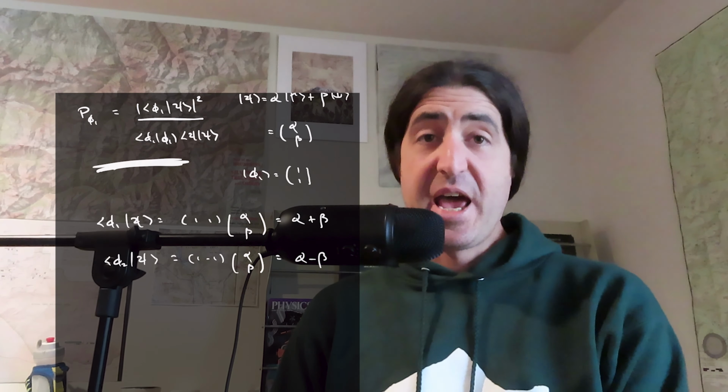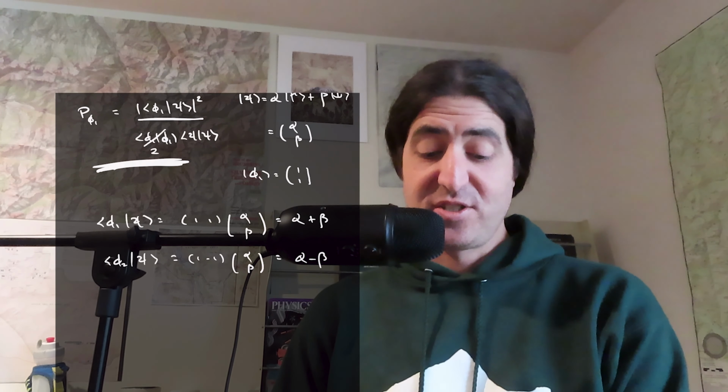So, plugging this back into our formula here, and remembering that that is just 2, and that is just mod alpha squared plus mod beta squared, we find the probability of finding the state in phi 1 is equal to the modulus of alpha plus beta squared divided by mod alpha squared plus mod beta squared divided by 2.